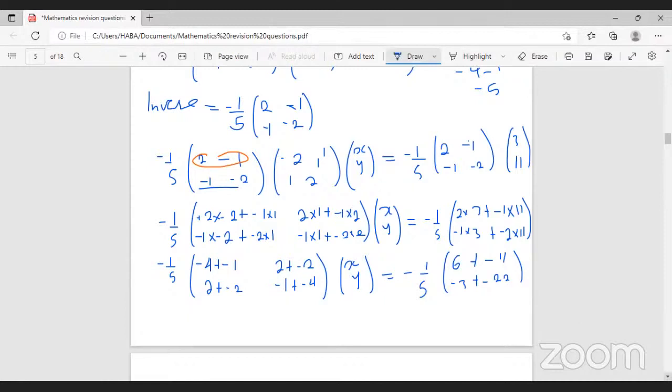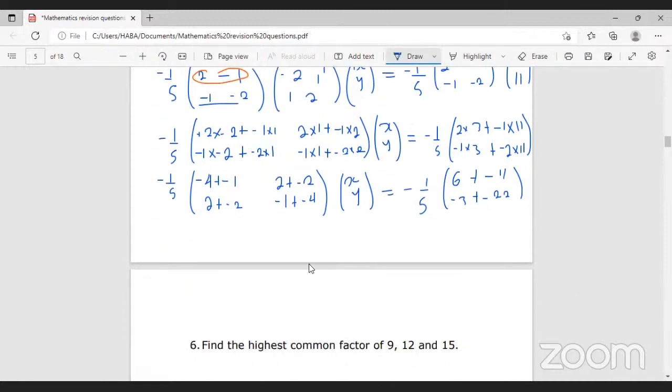Negative 1 out of 5. Negative 4 plus negative 1 is negative 5. 2 minus 2 is 0. 2 minus 2 again is 0. Negative 5.